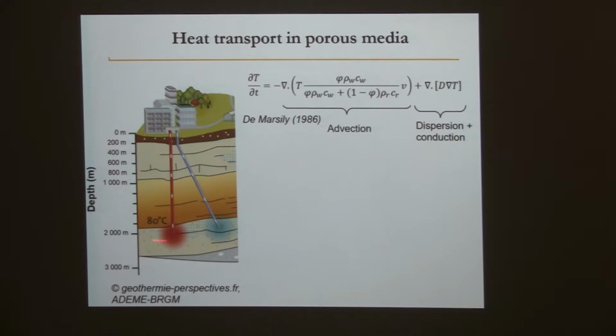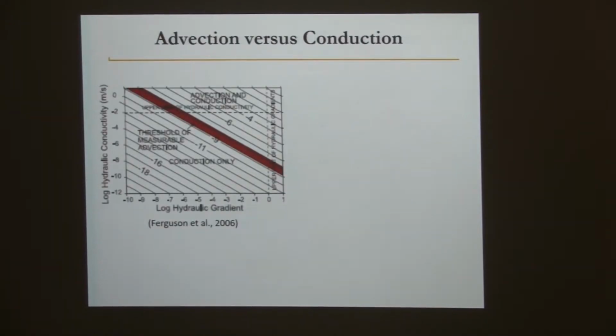Of course, here we are pumping, but in natural conditions, should we have advection that dominates conduction, and for which condition? It has been shown, for instance, that it's simply a condition about the permeability. So the permeability needs to be sufficiently high, otherwise you will be dominated by conduction. If the permeability is not that high, but the hydraulic gradient is sufficiently high, then in that case you would have advection over conduction.